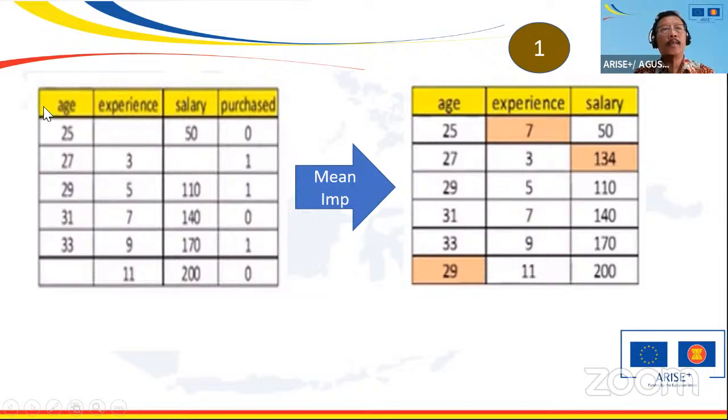This is a very simple data set. We have age, experience, salary, and the amount purchased, yes or no, whether he purchased this product. And we have missing values here in experience, salary, and age.